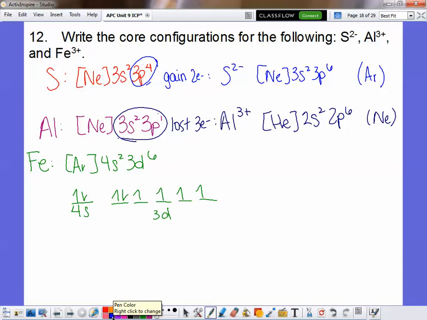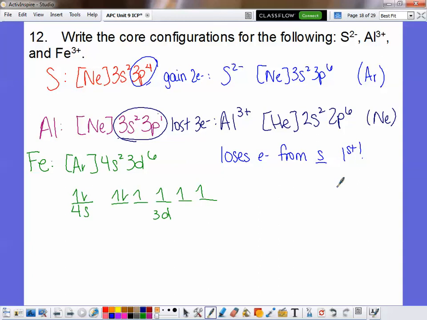Iron is a metal. Metals like to form cations. They like to lose electrons. When iron loses electrons, for the transition metals, you're always going to pull from the s first. Always pull from the s first. Okay?